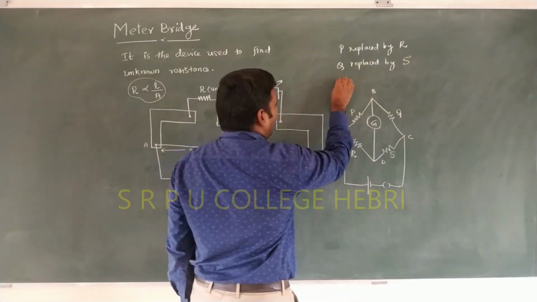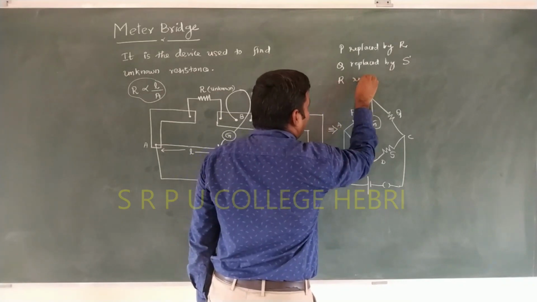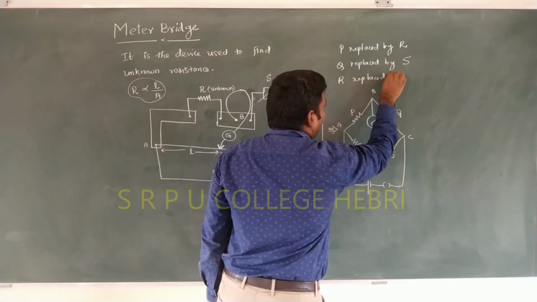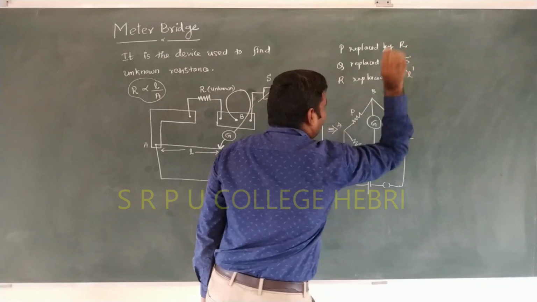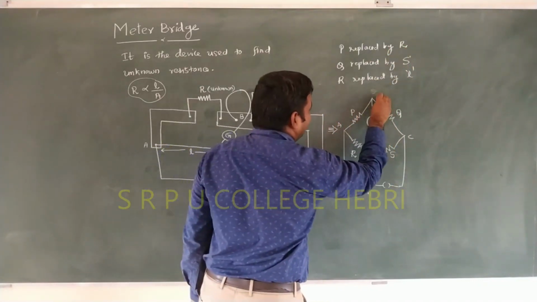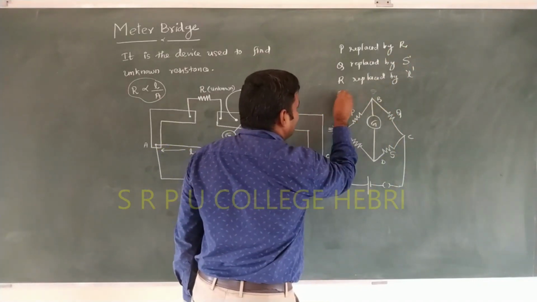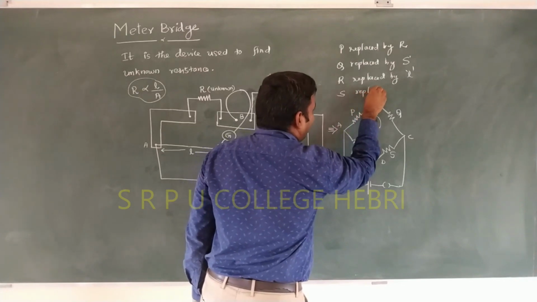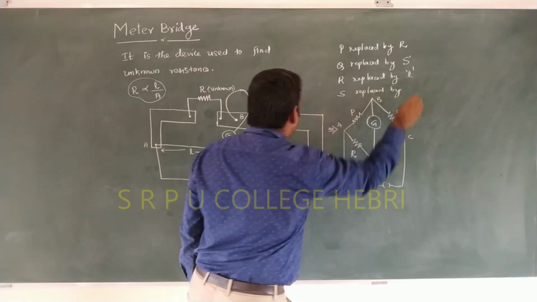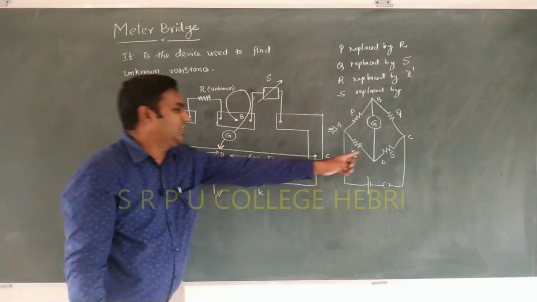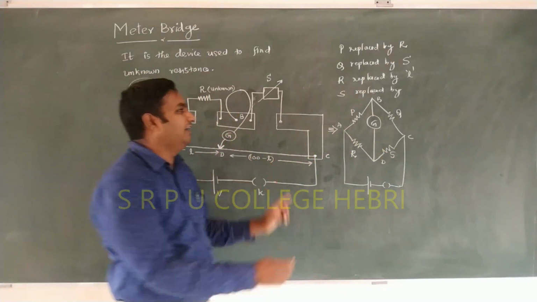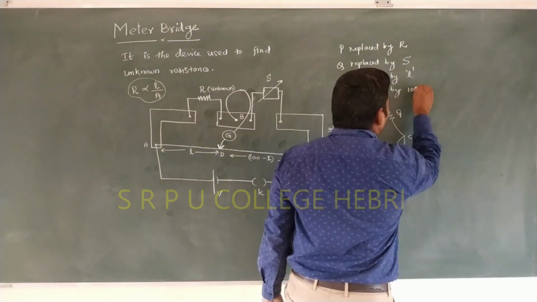R is replaced by the length of the wire, L, and S is replaced by 100 minus L.